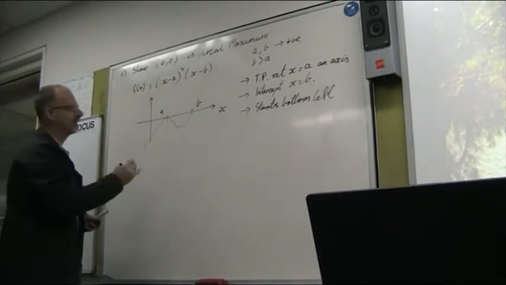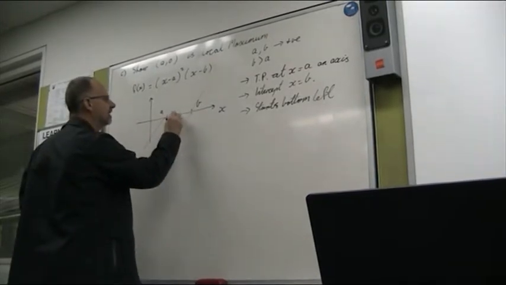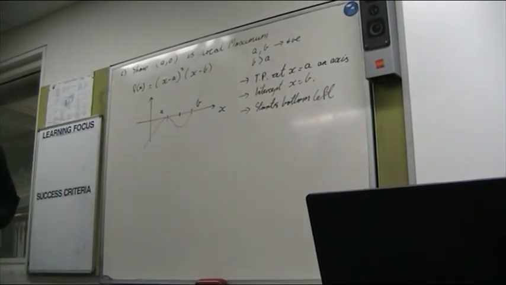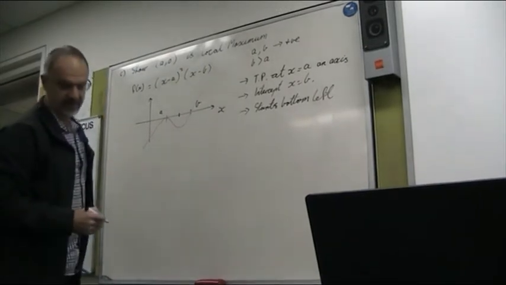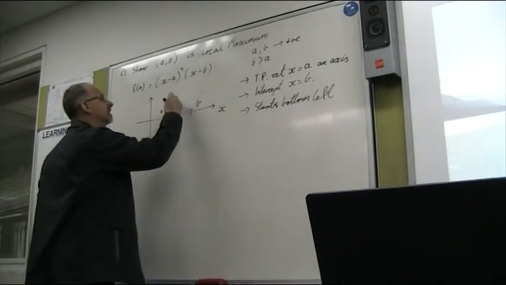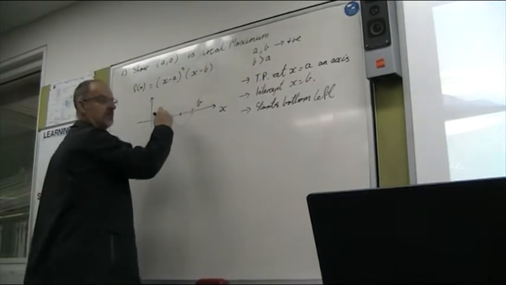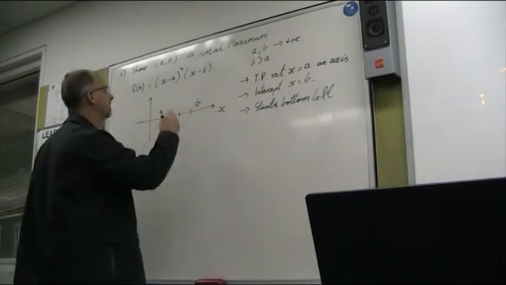Now, this point here, what's that X? Well, just as that X there is our A, this one is A plus 2B over 3.